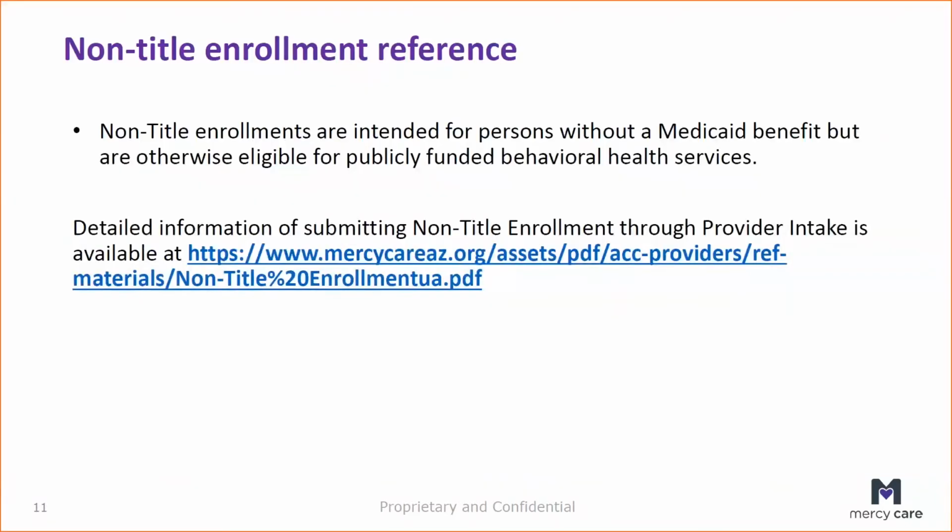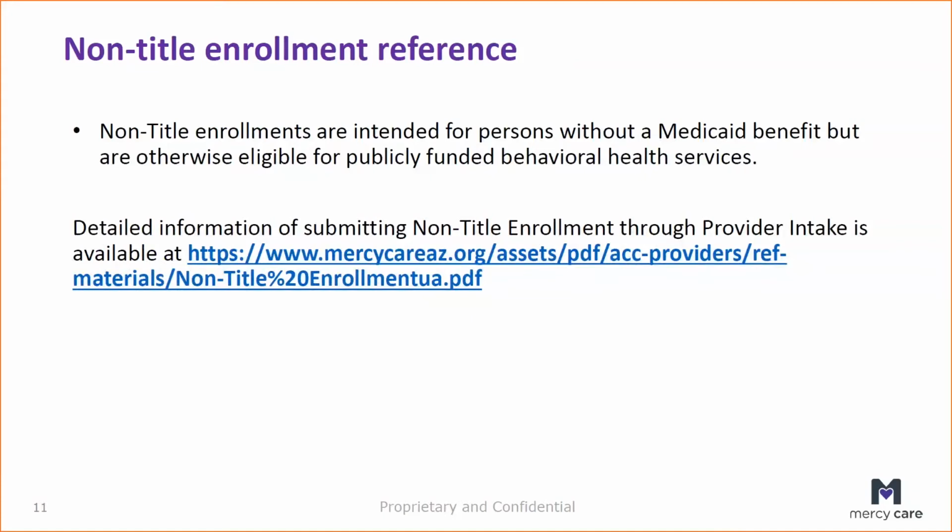Next slide. So for MHBG and SABG, in order for providers to bill for those services, the member needs to have a non-title enrollment. Non-title enrollment is intended for persons without Medicaid benefits but who are otherwise eligible for publicly funded behavioral health services.